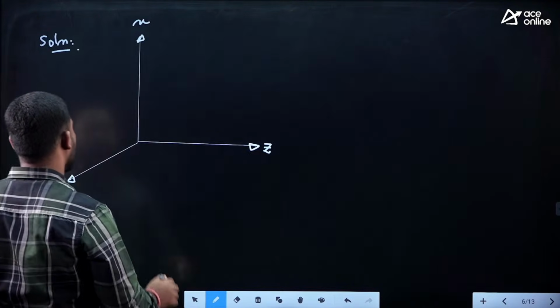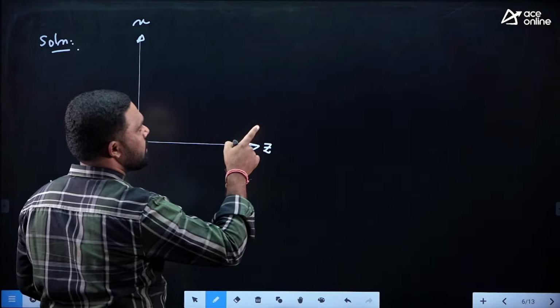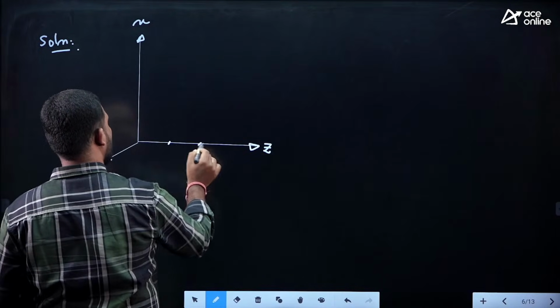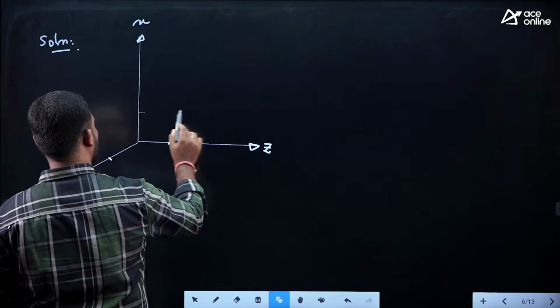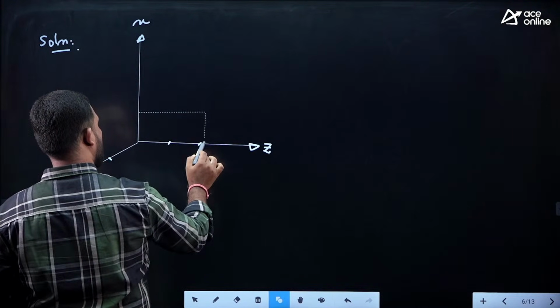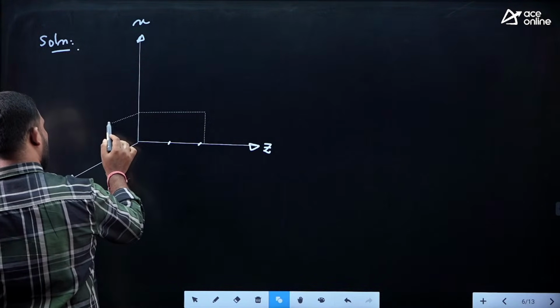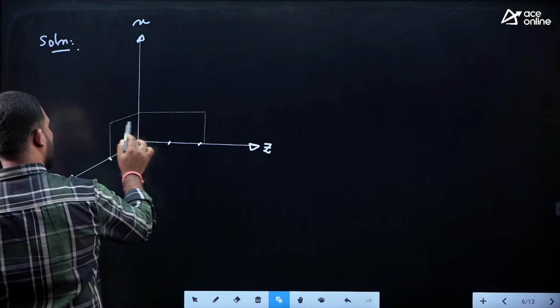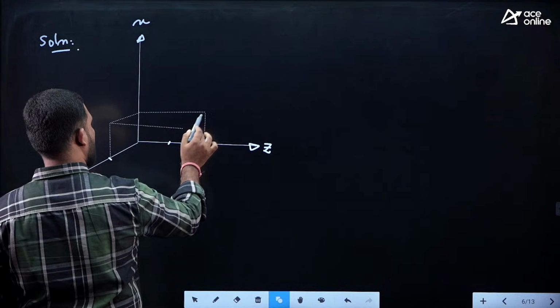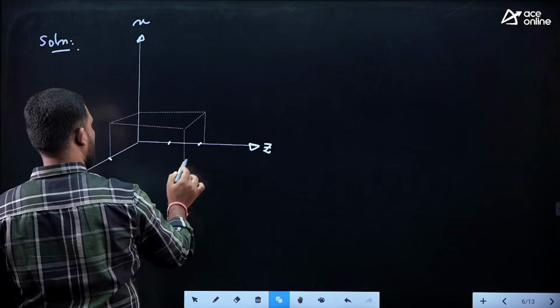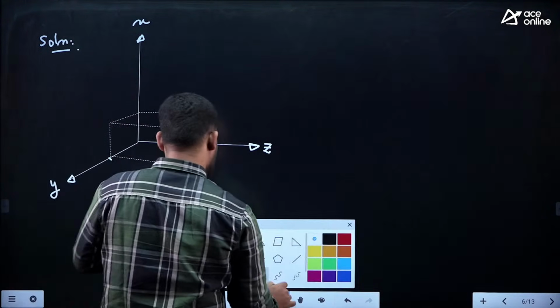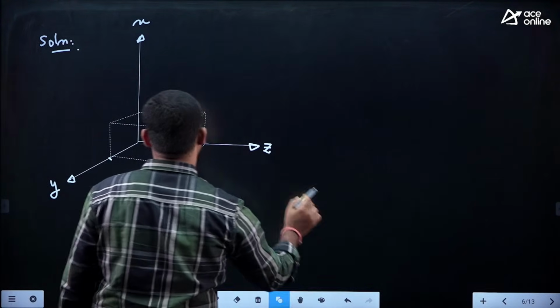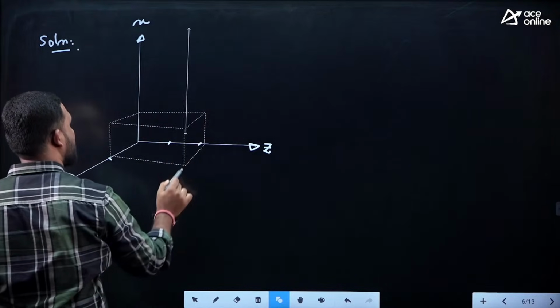Y is equal to 1, z is equal to 2. So let me make some box out of this for the 3D visualization. So this is how the infinite uniform line charge is located. It is something like this.